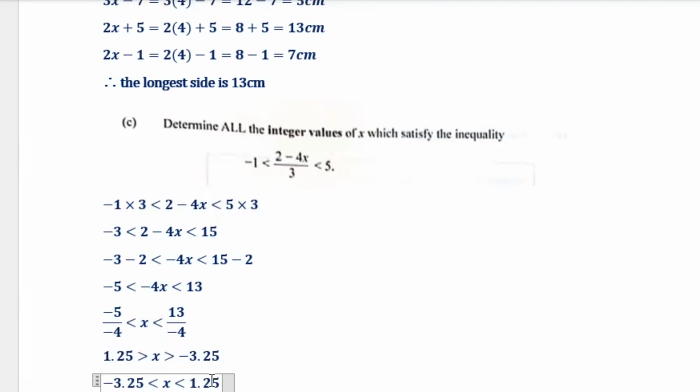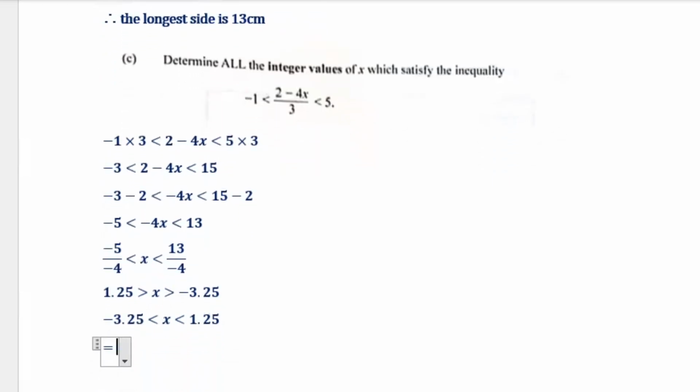So we now have the range that can satisfy this inequality. Therefore, the question asks us for the integer values. After -3.25, the next integer would be -3, then -2, because remember, x is greater than -3.25, so we're going up.